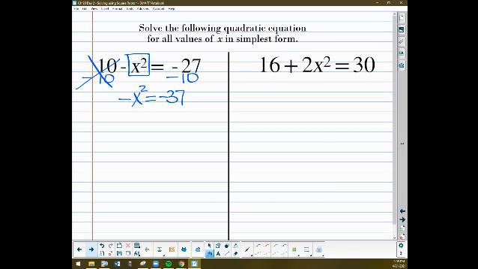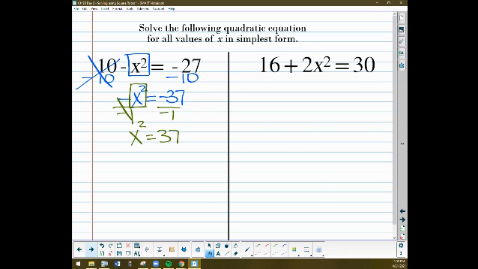And then x squared isn't quite alone yet, right? I got that negative out in front that I got to deal with. So in order to get rid of it, I can divide by negative 1. And I get x squared equals 37. Okay.